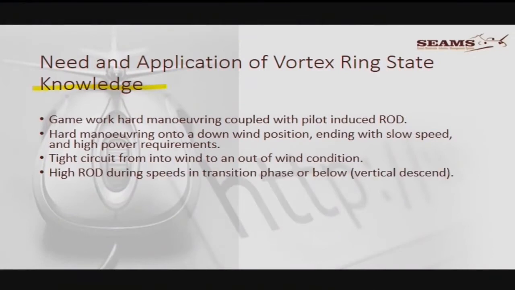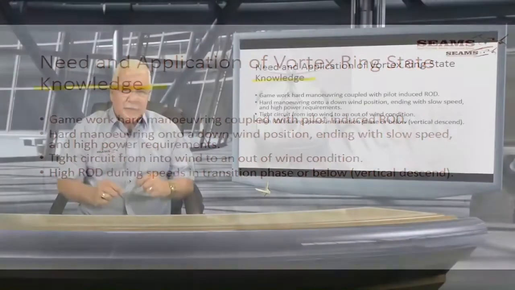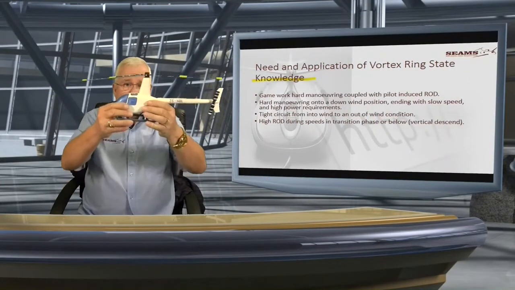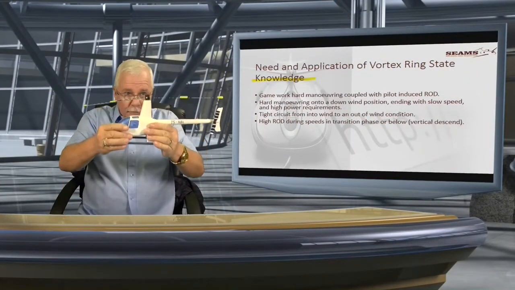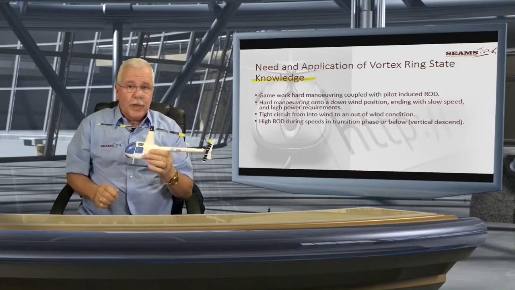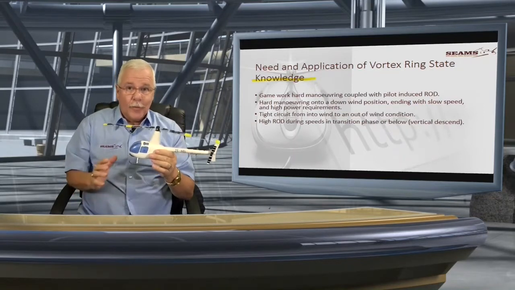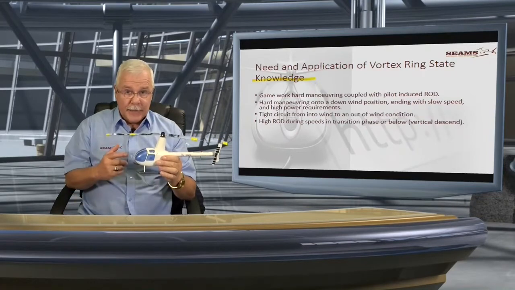High rate of deteriorating speeds in the transitional phase or below. This is one thing that we've been talking about a lot. If I just grab the helicopter here, remember when you do a rate of descent below transition, and we'll talk about what this transition speed is, we'll get to that.